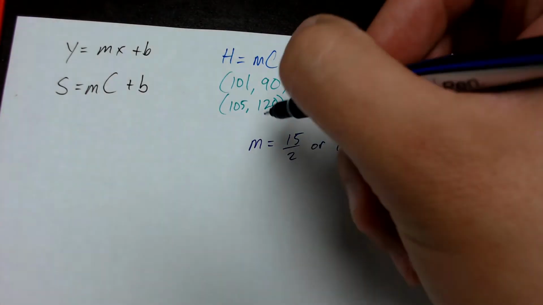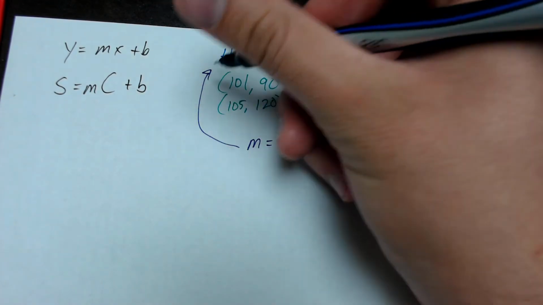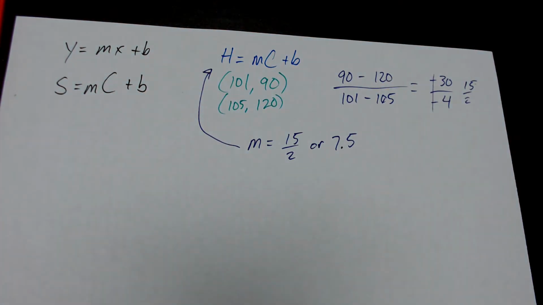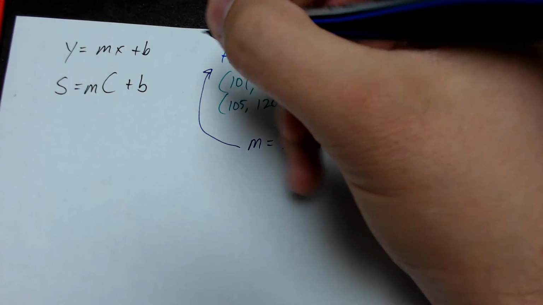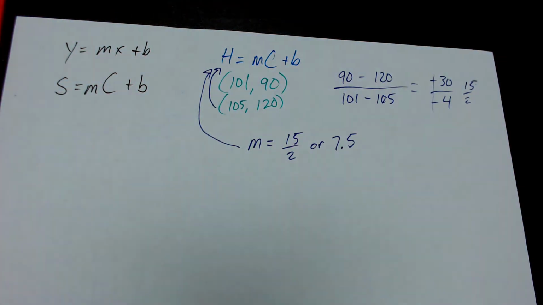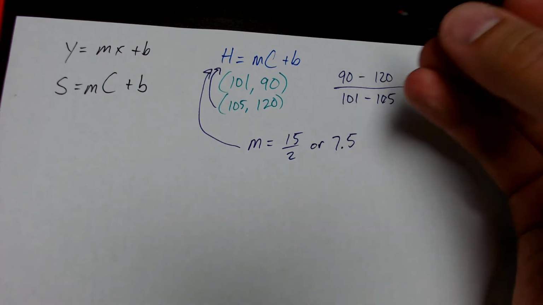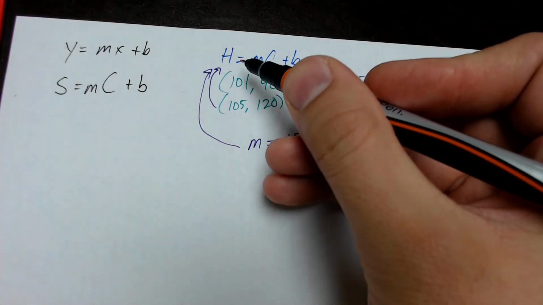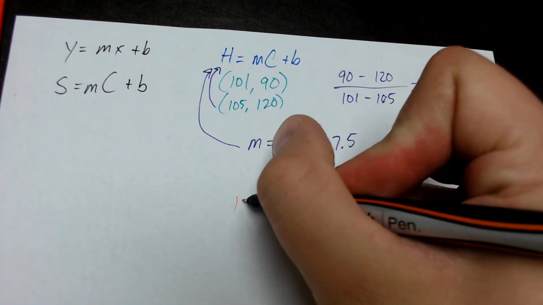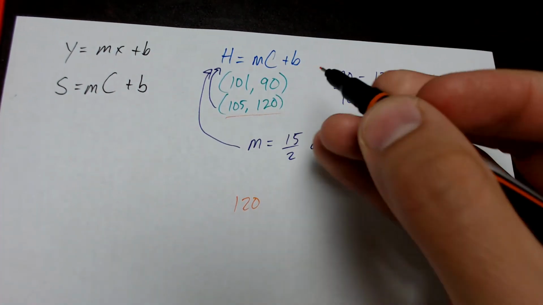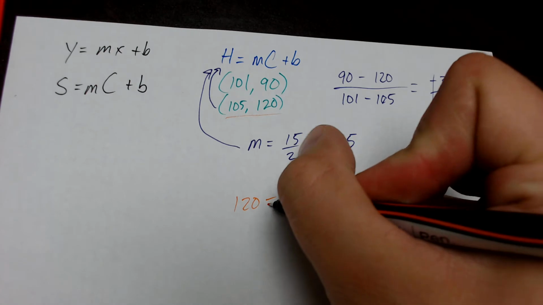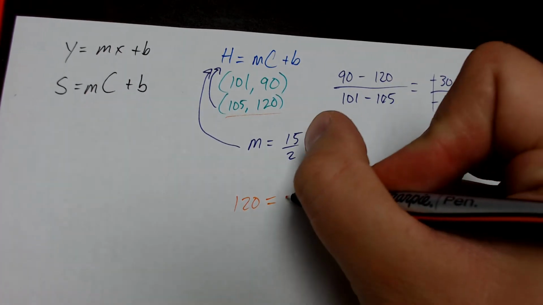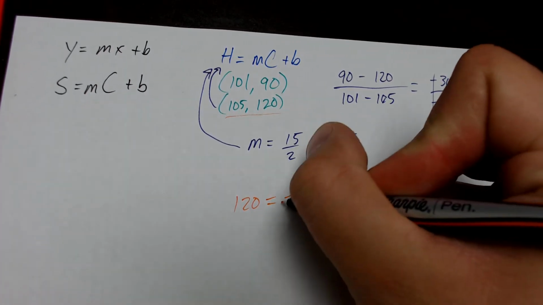So what I'm going to do is plug this into this equation with one of these points. I'll go ahead and use 105 and 120, and then I'm going to solve for b. So I'll rewrite this equation. Instead of H, which is y, I'm going to put 120, because I'm plugging in this point. For slope, I'll put 7.5.